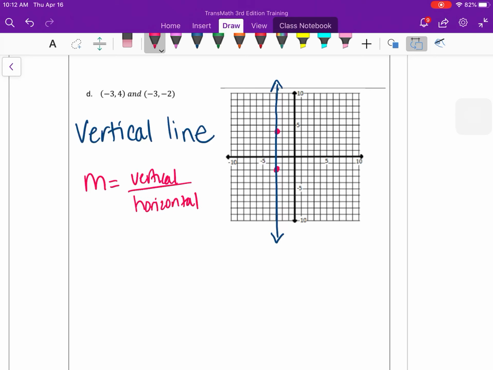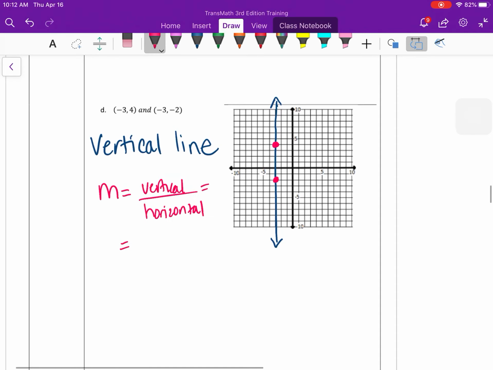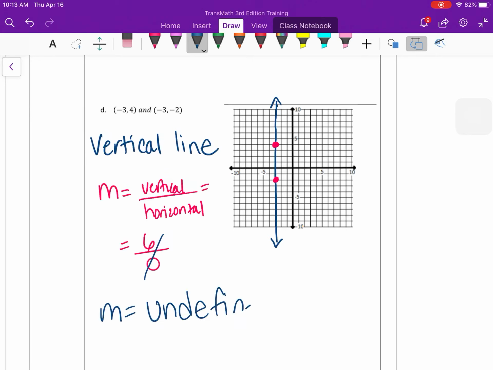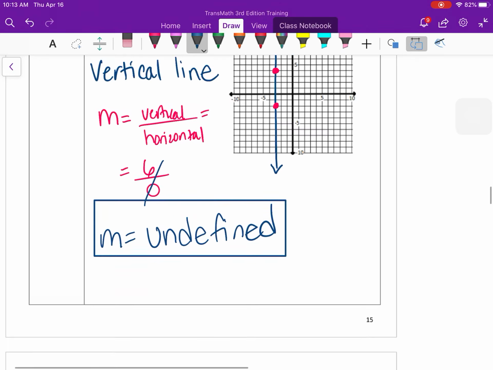Well, from one point to the other, you're going up 6 and then over 0, but you can't divide by 0. And so when you have a vertical line, your slope is undefined. So slope for a vertical line is undefined. Oh, my shape tool made that like a perfect rectangle there.